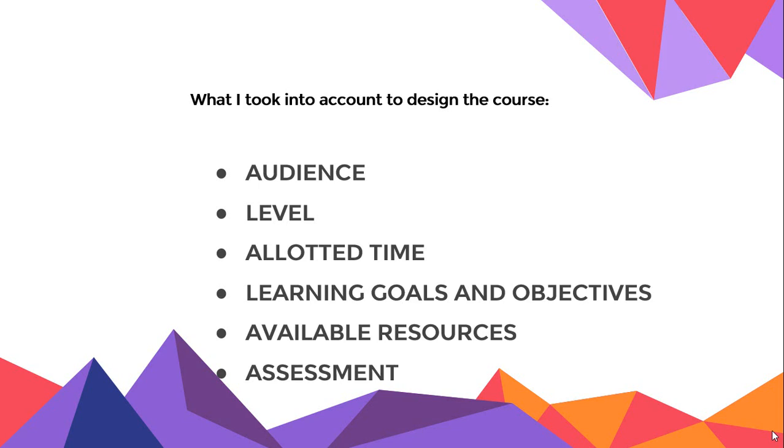The allotted time, I just had 4 classes in the semester to organize this workshop, and each class was going to be of about 2 hours. Learning goals and objectives, what is it that I wanted my students to live with when they finish the workshop? The available resources that I had, and the assessment. How was I going to see that my students were actually learning something, if they were learning something, right?